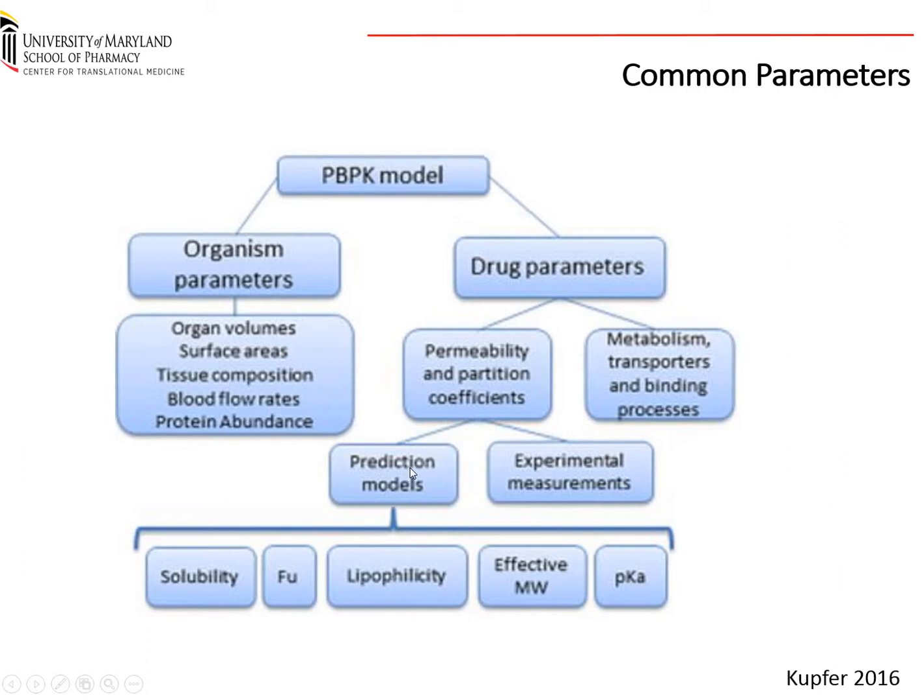But luckily, these days we have very good in silico models available, such as Poulin and Theil, Schmitt, and the most commonly used and most advanced model is the Rodgers and Rowland method to calculate the partition coefficients.